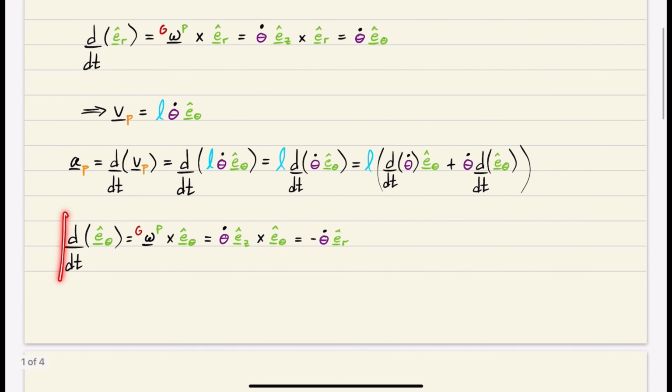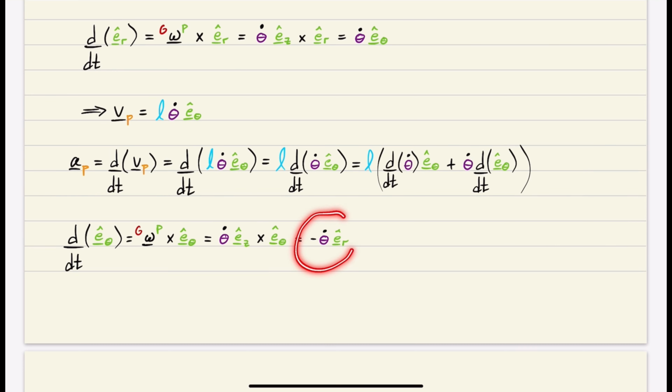So d dt of e theta is equal to the absolute angular velocity of frame p, which we said was theta dot ez, and then we cross it with the vector itself, crossed with e theta. Theta dot ez crossed with e theta is going to be negative theta dot er. Ez crossed with e theta is negative er.